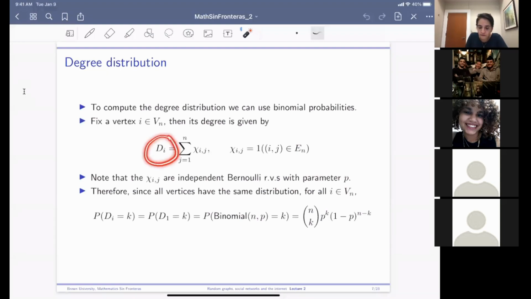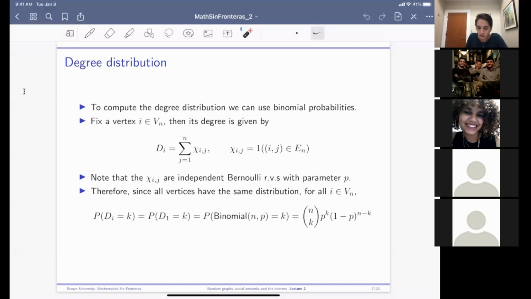The degree of a vertex, in particular, let's say vertex i, is just going to be the sum of the edges. Each of these chi random variables here represents one edge. So if I sum them all up, with of course chi_ii equal to 0, as we saw before, then it turns out that this is a sum of independent Bernoulli random variables.